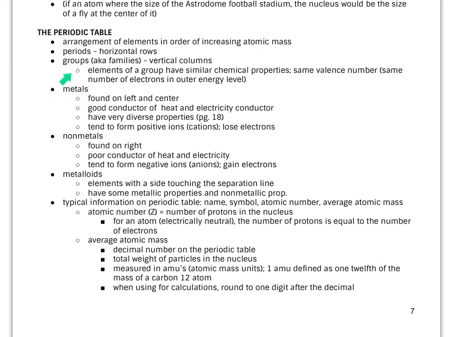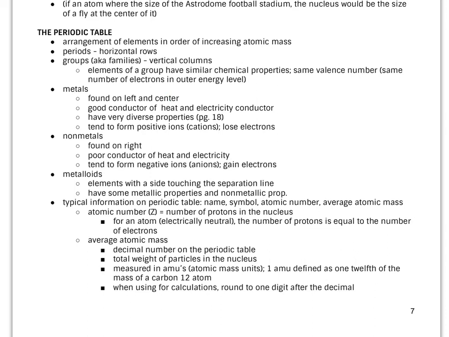So in groups, the elements of a group have similar chemical properties. So they have the same valence number, which means the same number of electrons in the outer energy level. So remember, the electrons are arranged in levels around the nucleus, outside of the nucleus, and this is in the outer energy level.